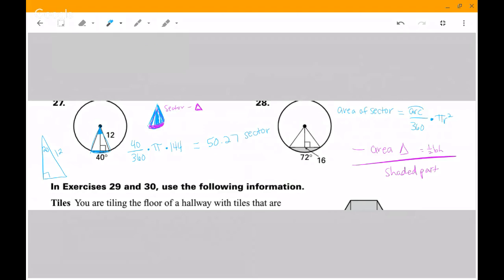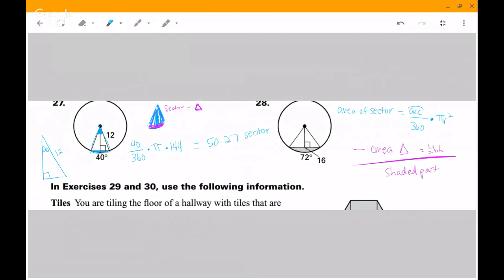So then you can find your base and your height using trig.